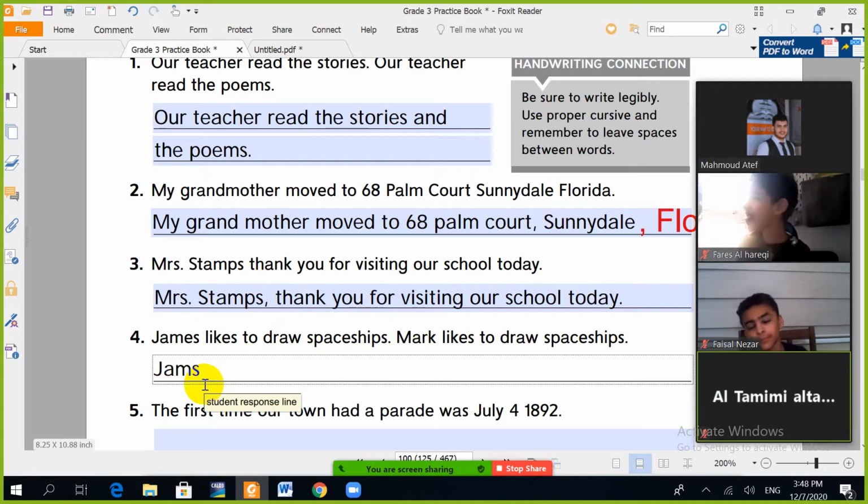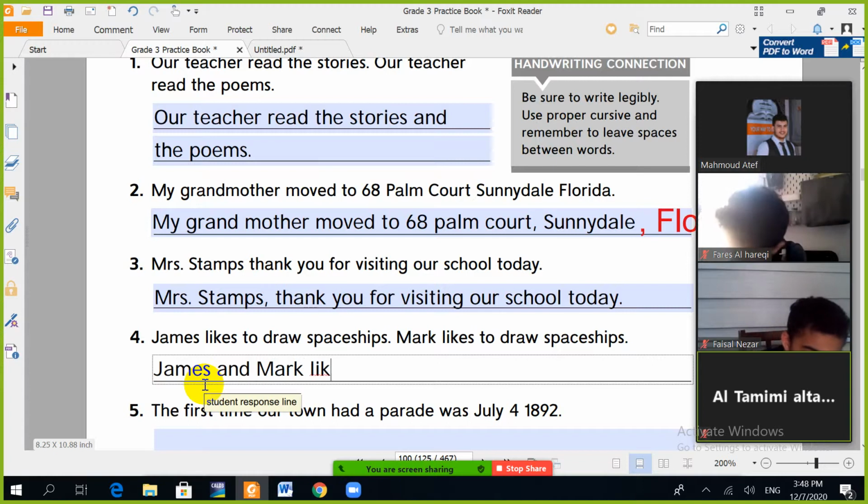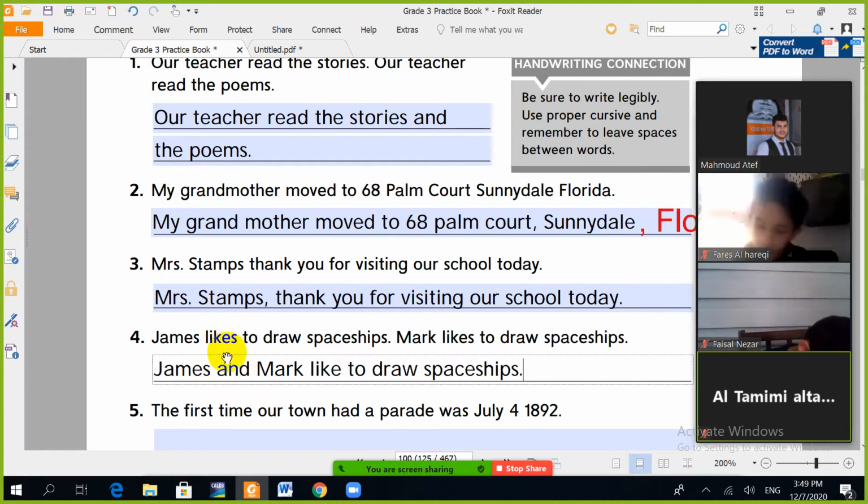James and Mark like to draw spaceships, not likes, because we have a plural.